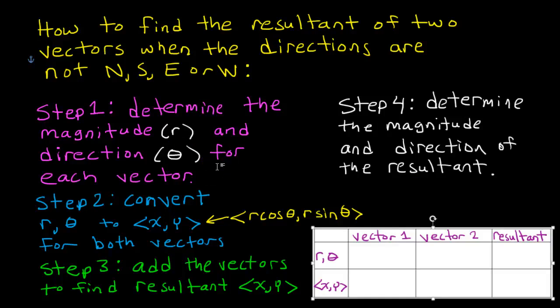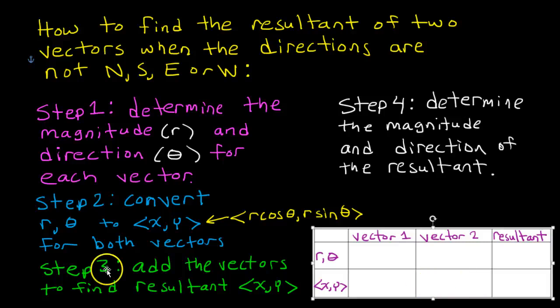And at this stage, when I talk about magnitude and direction, I'm going to use r and theta. In step 2, I'm going to convert the magnitude and direction into component form x comma y using this little formula. R cosine theta will give me the horizontal component, r sine theta will give me the vertical component. I'm going to do that for both vectors.